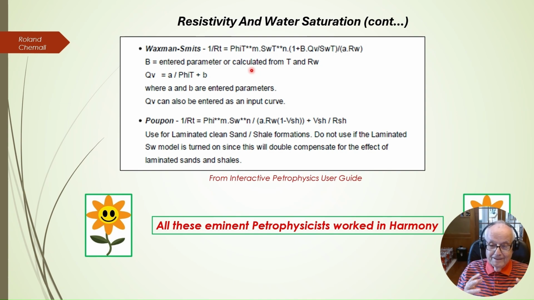They really spent a lot of time arguing with each other, sometimes at the limit of what is acceptable, but it was so funny to attend some of the SPWLA symposia in the 1980s. It was more like a circus than anything else.